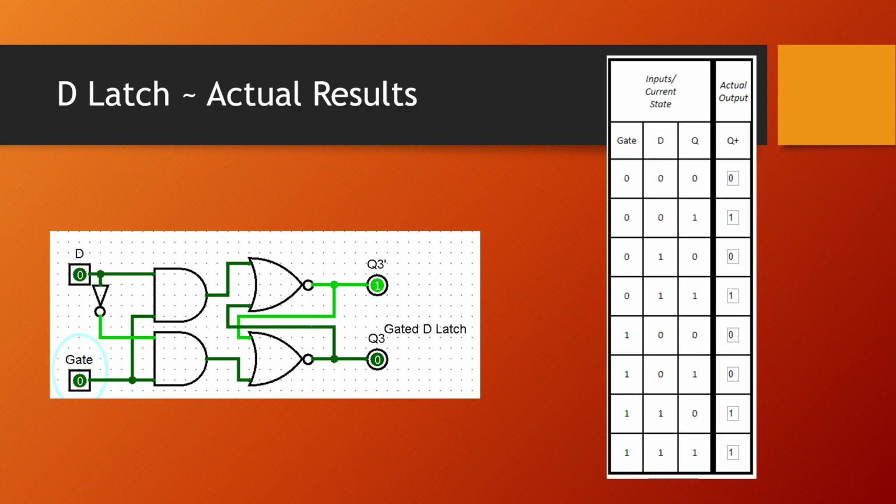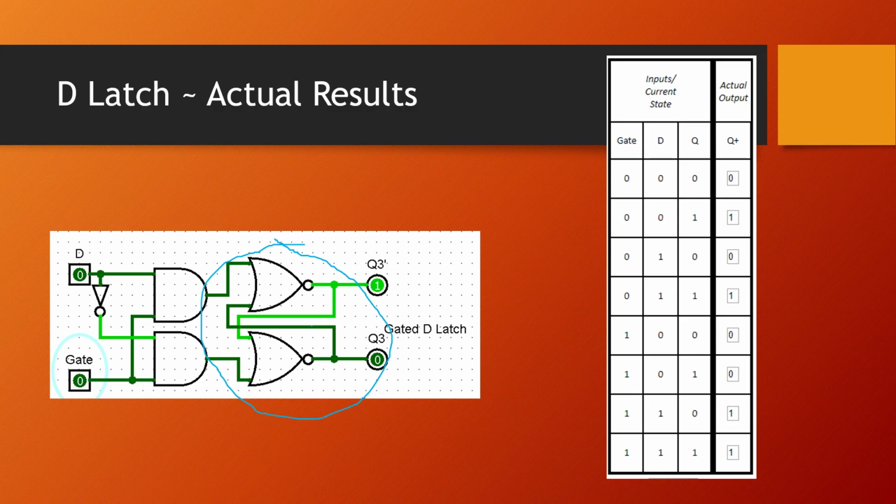Our data line up here at the top, we split it here. It goes one into the AND, then we take the inverse of it and take it into the other. We then feed that into our NOR latch, which will then store our data.